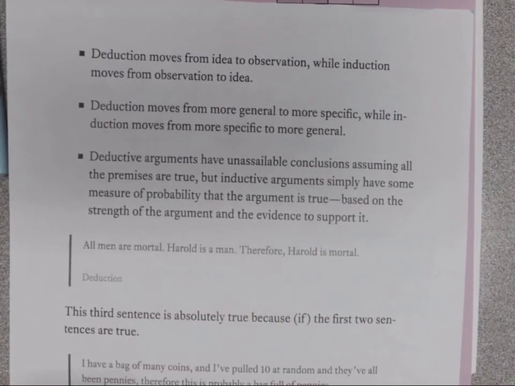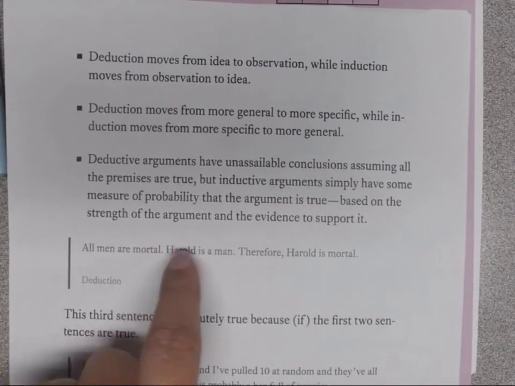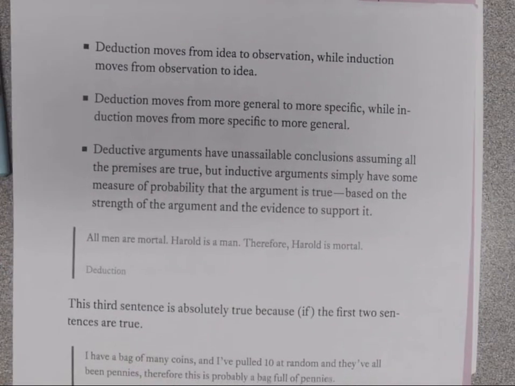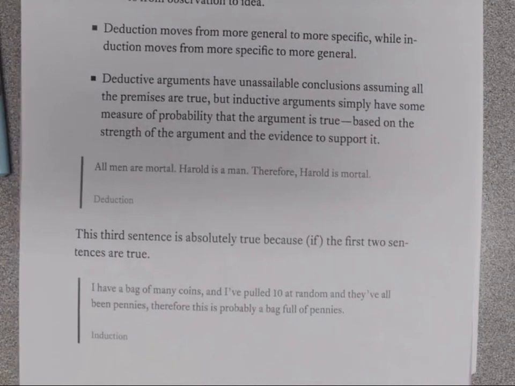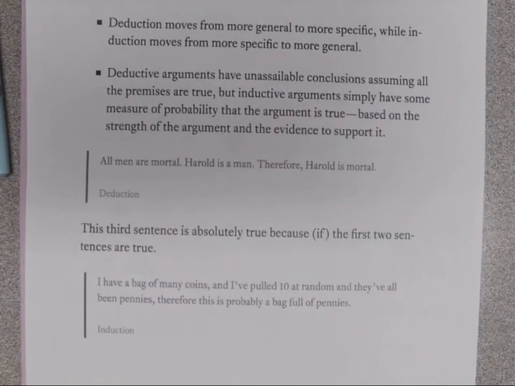So we're going from a theory that everybody's mortal and taking it all the way down to the confirmation. Yes, he is mortal. Now, the third sentence is absolutely true because the first two sentences are true.